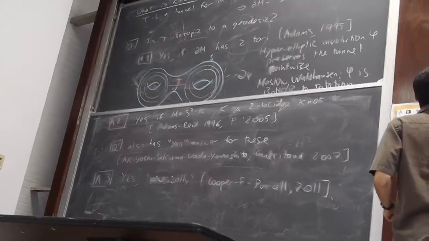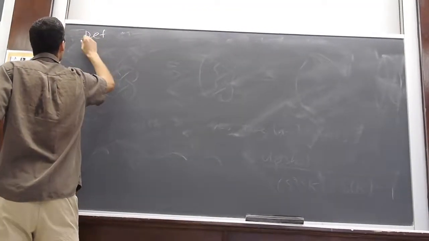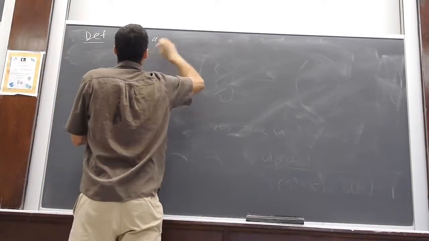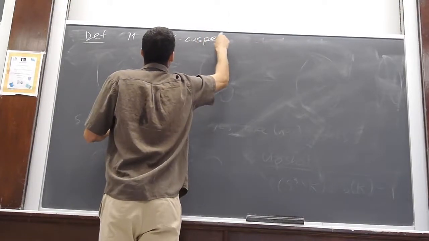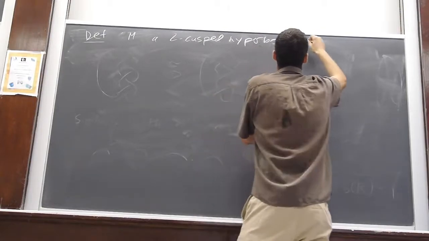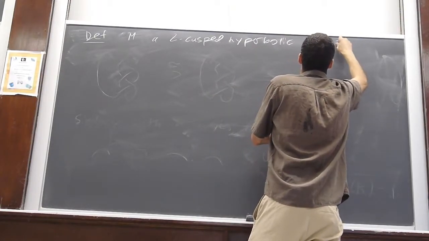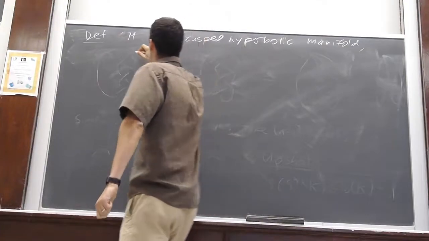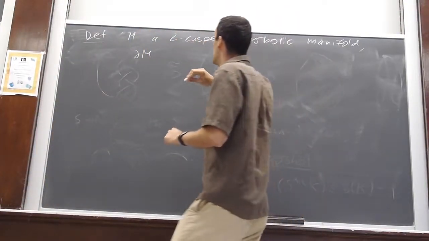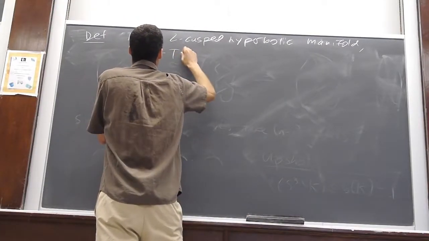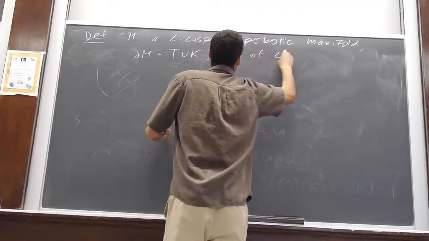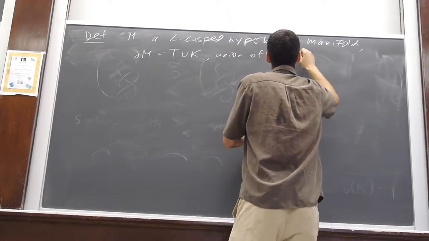Okay. So here's a definition. M, a two-cusped hyperbolic manifold. So that means the boundary of M is the union of two tori. Again, I'm being sloppy with the interior versus the whole thing. Call them T and K. Tori.